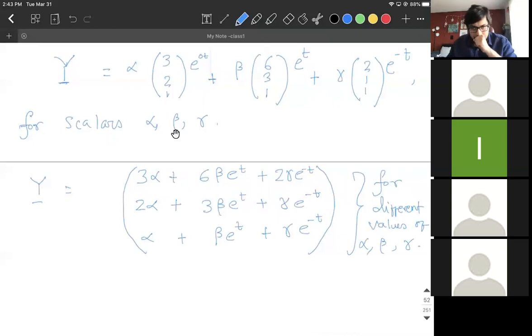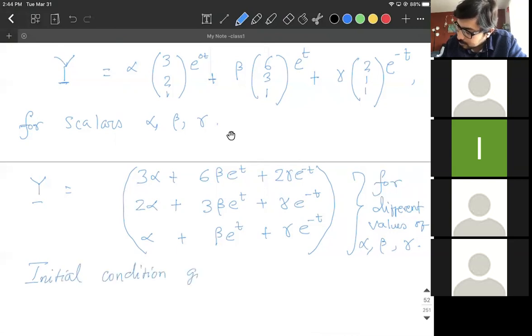Now, to find a particular solution, what we need are the initial conditions. The initial conditions are given by the constraints that y1, y2, and y3 at t equals 0 are just this number 2. The initial condition gives a particular solution for alpha, beta, and gamma.